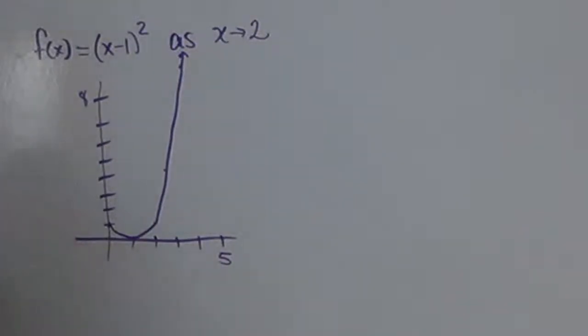I didn't worry about graphing the left-hand side of this graph, because we're looking at x equals 2. So we want to take values that are close to 2 and figure out what it's doing. If I'm coming in from the right side of 2, the graph is going to decrease down towards a value, and if I come in from the left, it's going to increase towards a value.